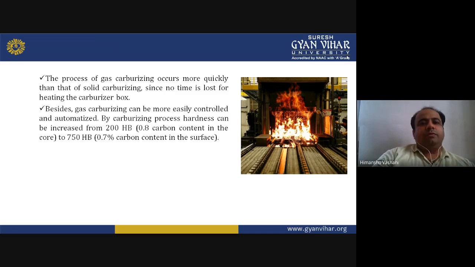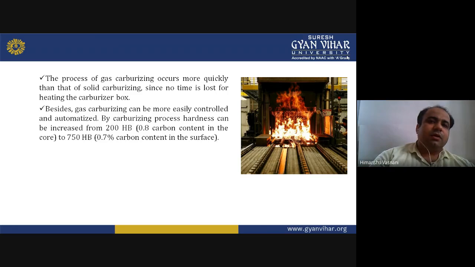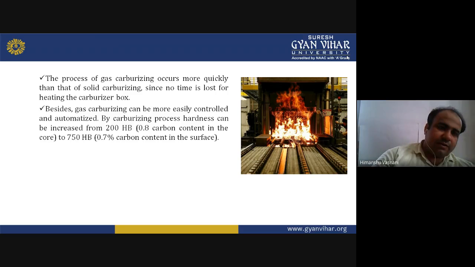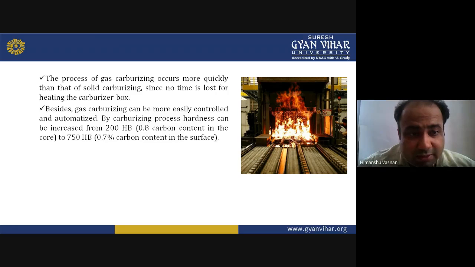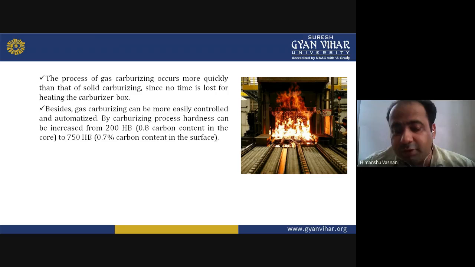When you compare solid carburizing and gas carburizing, gas carburizing is quicker because no time is lost for heating, and it can also be more easily controlled and automated. By the carburizing process, hardness can be increased from 200 HB for 0.8% carbon content in the core to 750 HB for 0.7% carbon content in the surface.